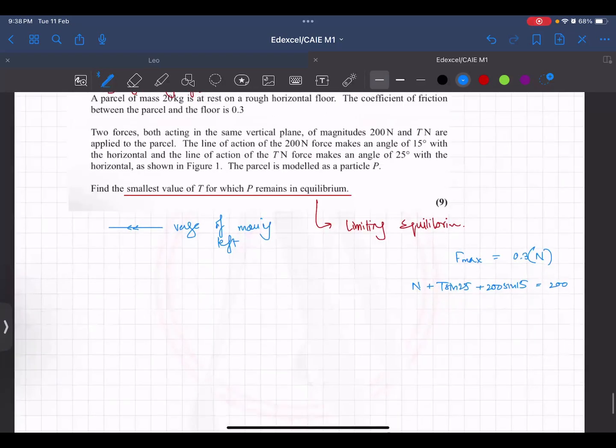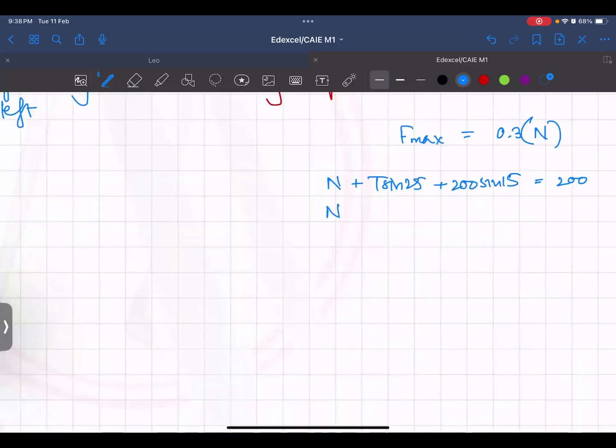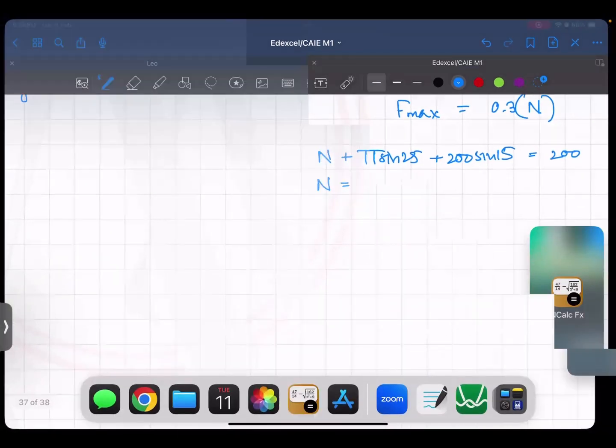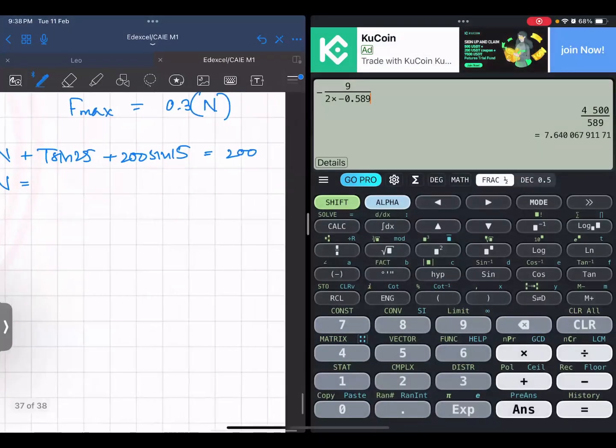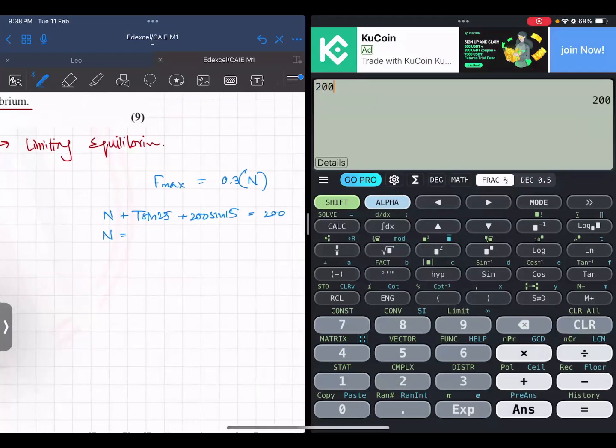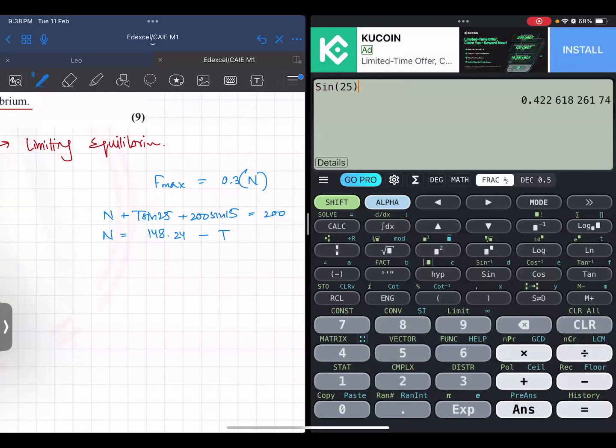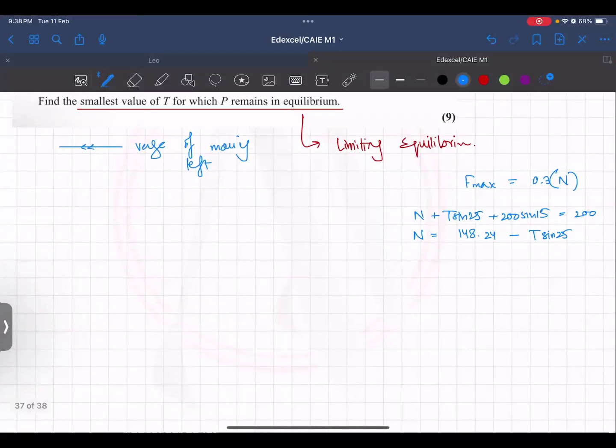If you find your N, it is coming out in terms of T. So 200 minus 200 sin 15, which is 148.24, minus T sin 25. This becomes your N.